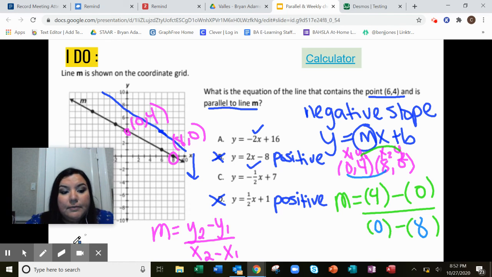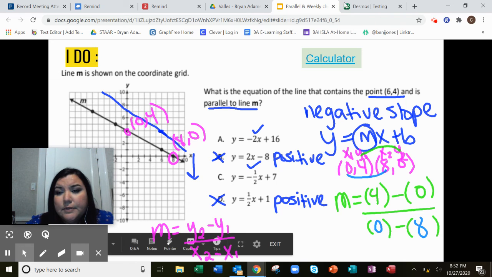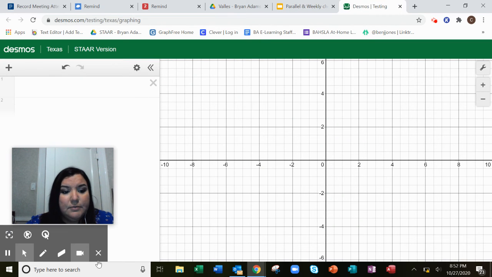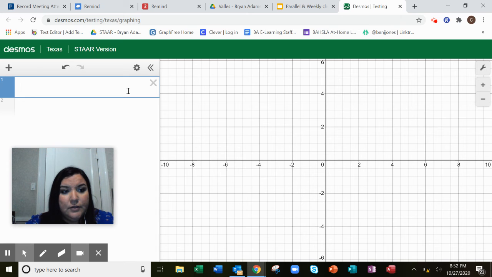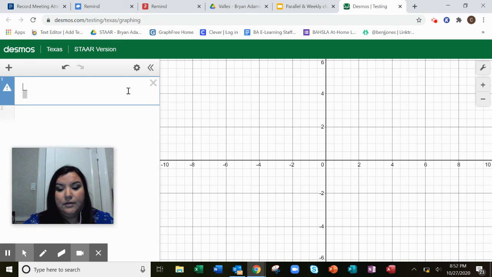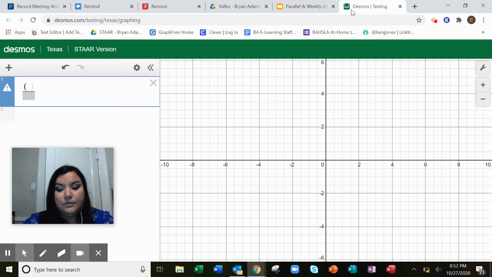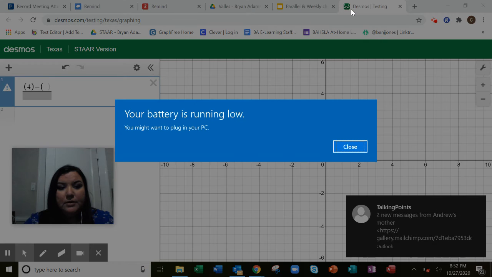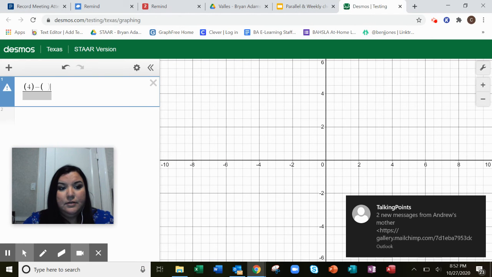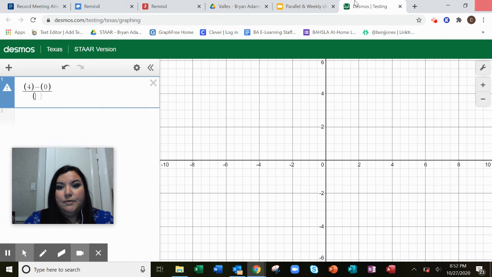I'm going to go ahead and type that into the calculator in decimals. I just wanted to make sure that didn't disappear. So we have our division, and in parentheses 4 minus 0, and 0 minus 8. Our battery is dying, we're almost done.